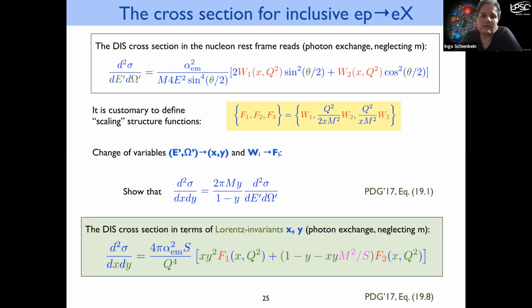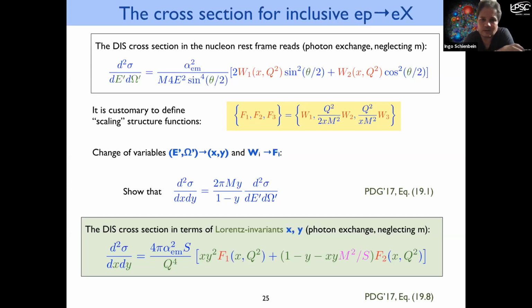Then it is customary to define scaling structure functions. You replace W1, W2, W3 by structure functions F1, F2, F3, where the relation between them is given in the yellow box, so that they are dimensionless quantities which are approximately independent of Q squared.